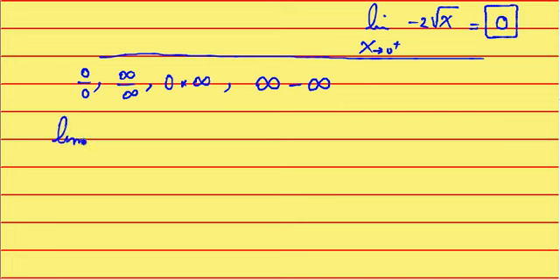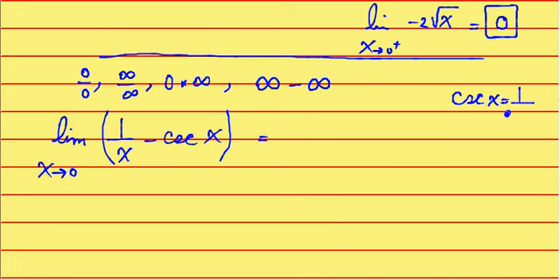Find the limit of 1 over x minus cosecant of x as x approaches 0. Well, as x approaches 0, this expression 1 over x goes to infinity. Remember, who is cosecant of x?